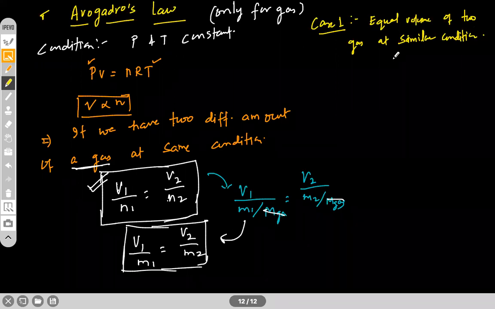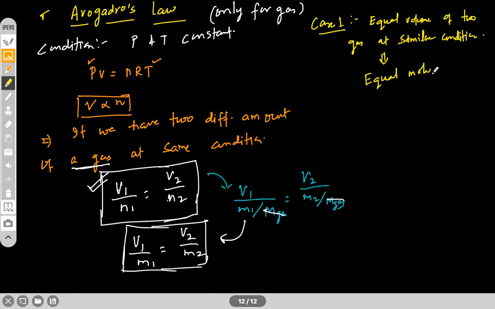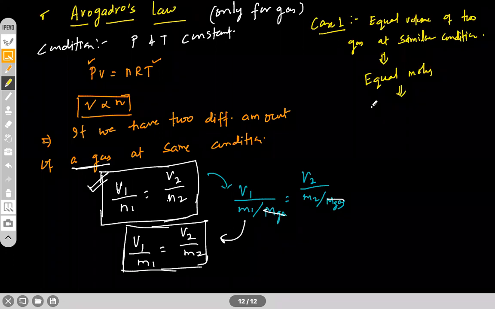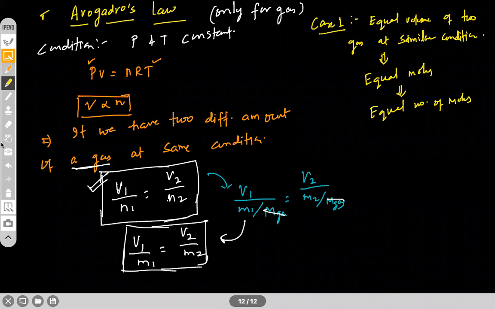So when the volume is equal, with this relation what we can write, they must have equal number of moles, and equal moles means what? Equal number of molecules. Right? Equal number of molecules, can I say that? Tell me guys. Equal volume, so equal number of moles, so equal number of molecules.